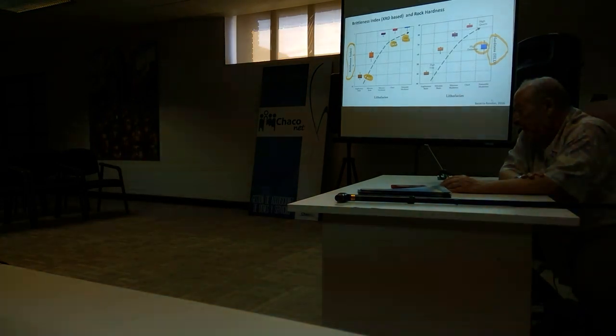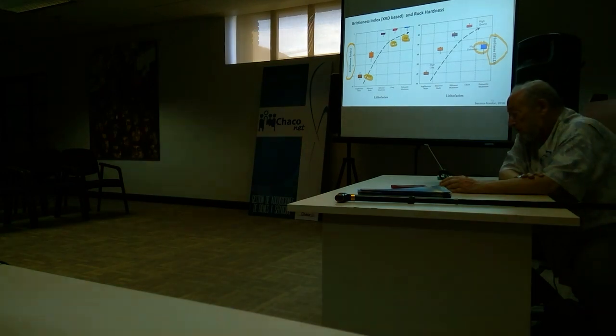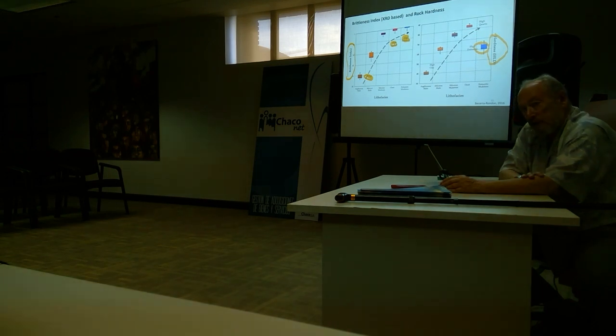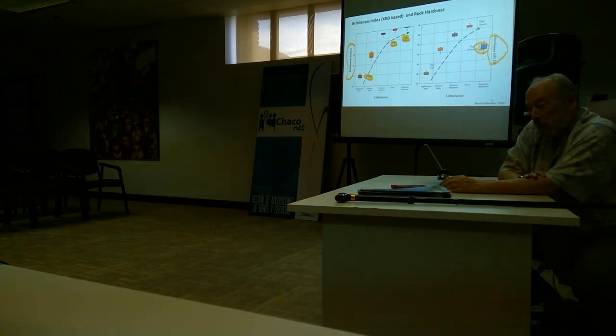So it's not way up here. In terms of your mineralogy, it plots pretty high in brittleness index, but in true hardness, measured by the rebound hammer, it's not as brittle.